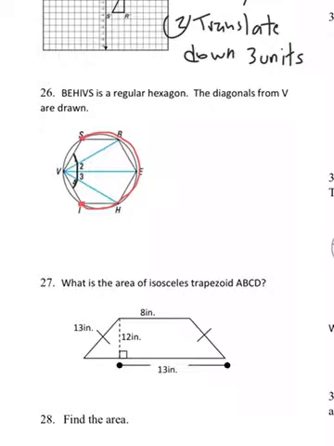So one way you could do this is 360 divided by 6 gives you 60, meaning the degree between every 2 letters is 60.